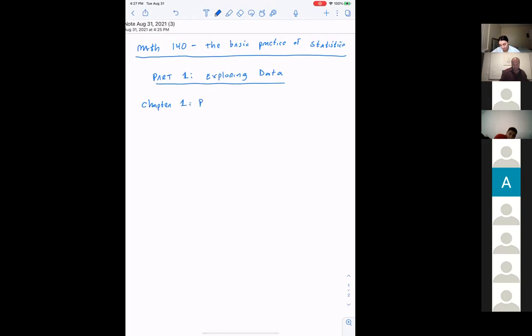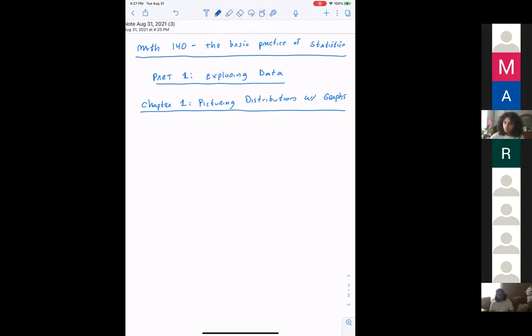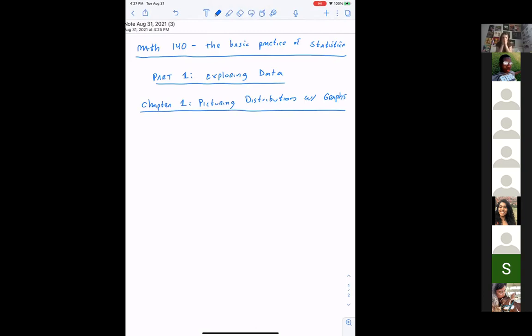Picturing distributions with graphs. Okay. So we're starting with the very beginning.